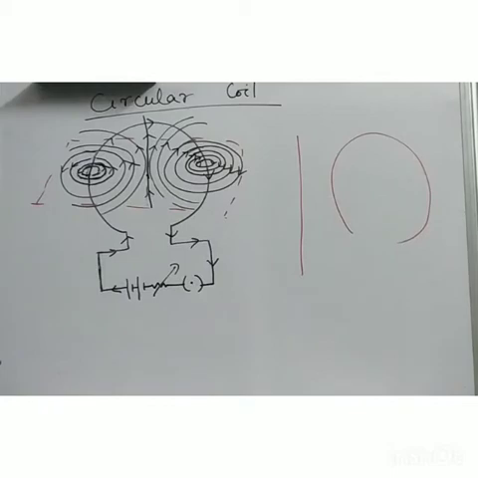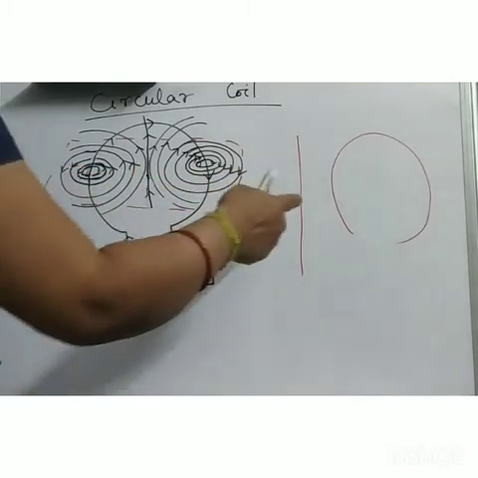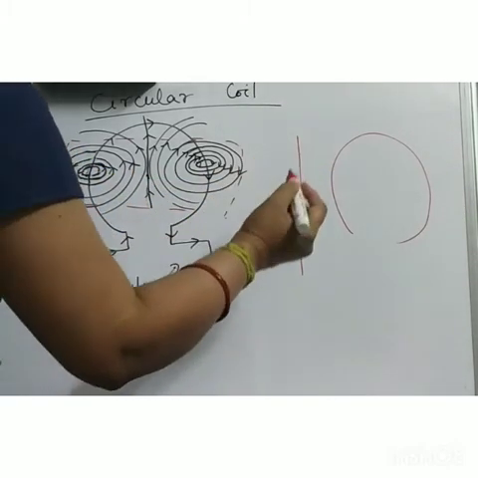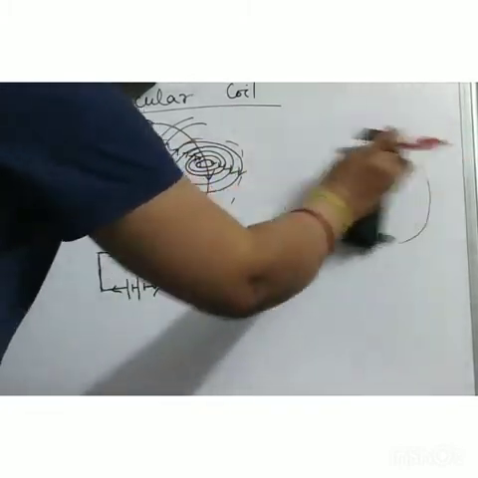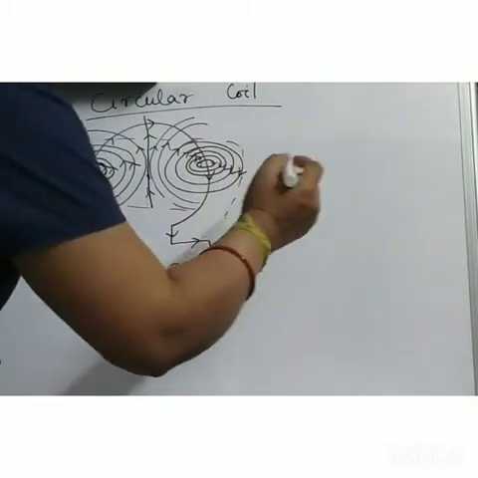Now what will happen? Let us try to understand what this circle is, and how we can find out the magnetic field.